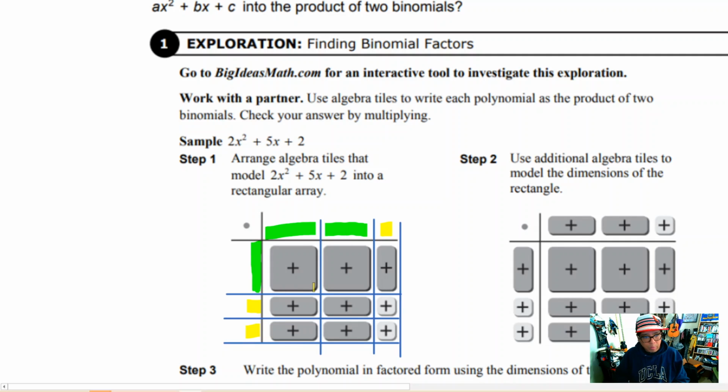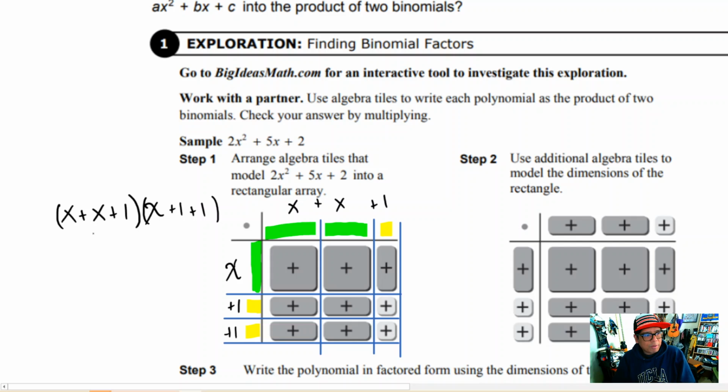So factoring wise, this looks like x plus 1 multiplied by x plus 1 plus another 1. And then when you simplify this over here, you're going to get 2x plus 1 multiplied by x plus 2.